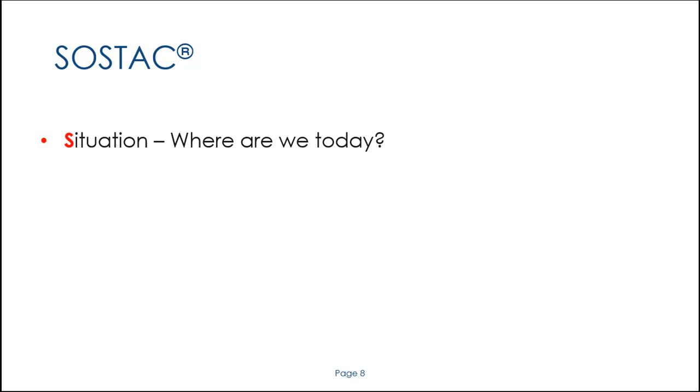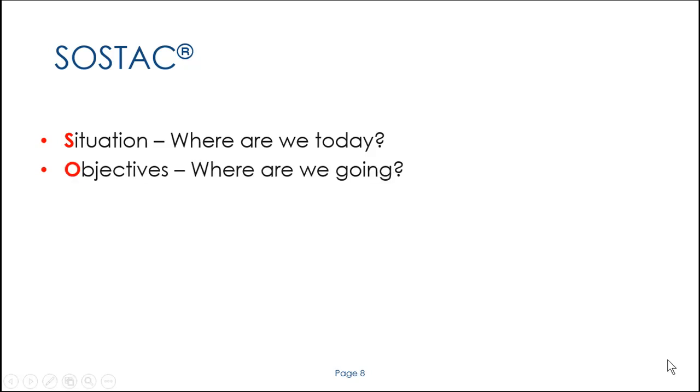And the first question that SOSTAC addresses, and the first S of SOSTAC, stands for situation, which asks the question, where are we today? And this, if you like, establishes the start of our marketing journey. Because unless you know where you're starting from, you can't really plan the journey and plan the steps to get to your chosen destination. So the first S of SOSTAC stands for situation.